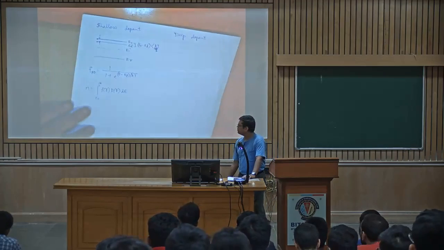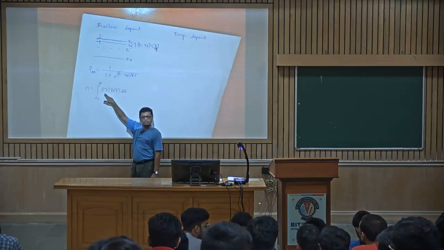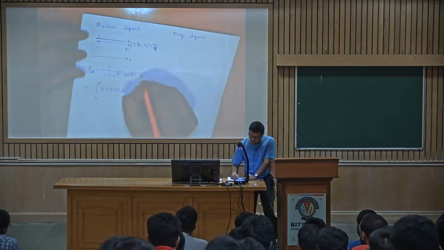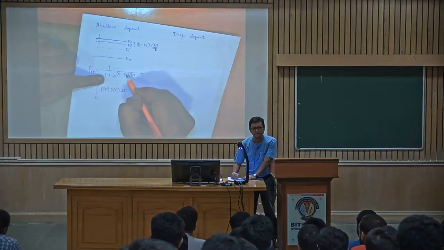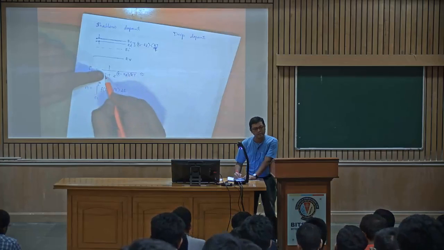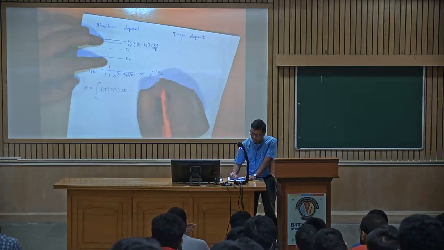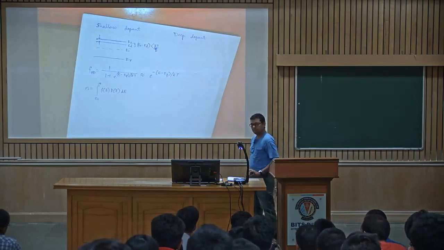Just remember what expression of F(E) they used. They made one approximation: E minus EF is such that this 1 can be neglected. Then this becomes e to the power of minus (E minus EF) by kT, and you go about deriving everything.